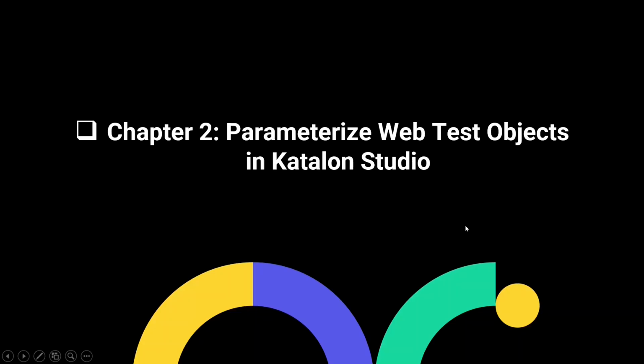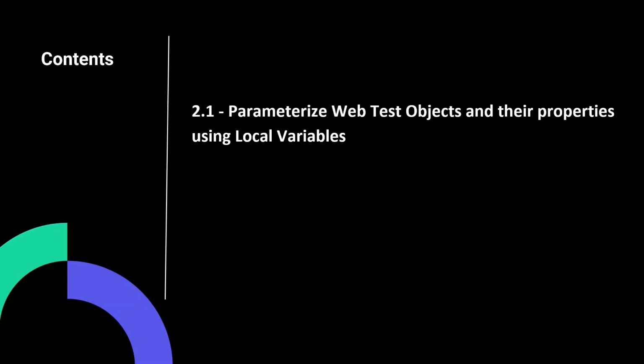This is our chapter 2 where we will learn how we can parameterize web test objects in Katalon Studio. As part of section 1 in chapter 2, let us see first how we can parameterize web test objects and their properties using local variables.